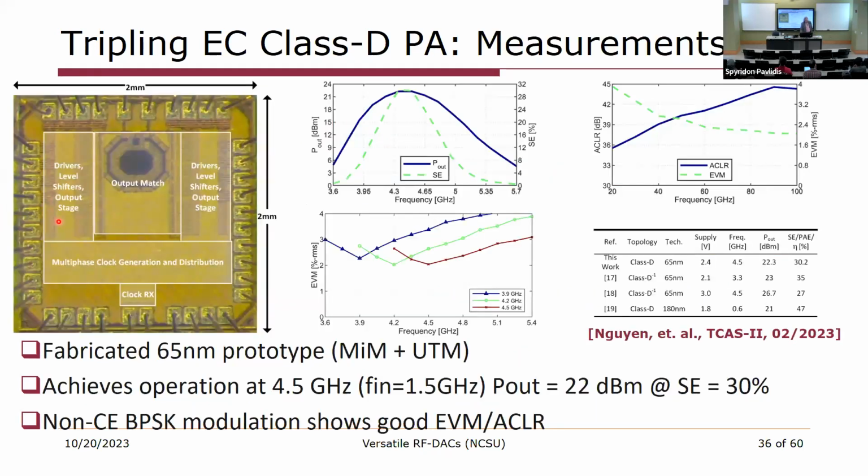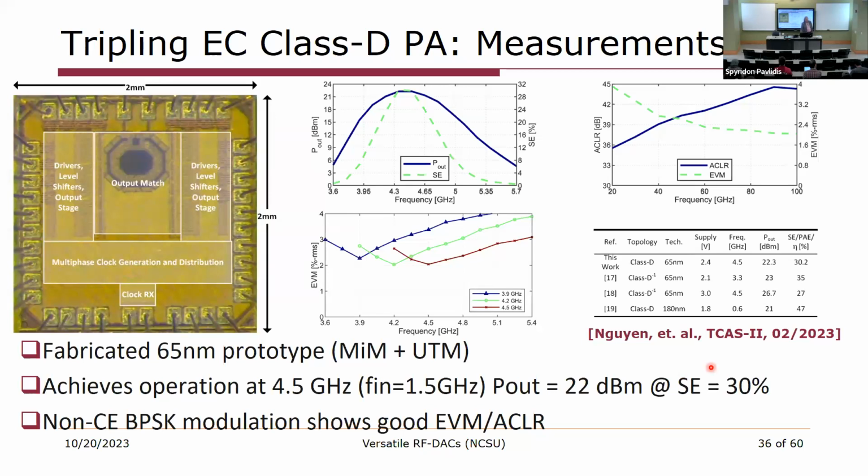So this is a 65 nanometer prototype. The drivers and switches are to the left and right of the output matching network. There's multi-phase clock generation and distribution on the chip from a single clock receiver. It achieves operation at 4.5 gigahertz with a 1.5 gigahertz input signal, and output power of about 22 dBm, system efficiency of about 30%.